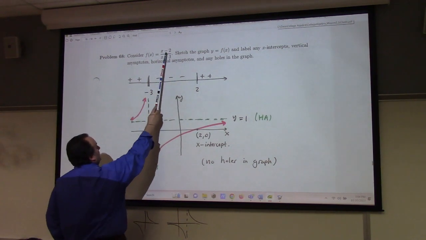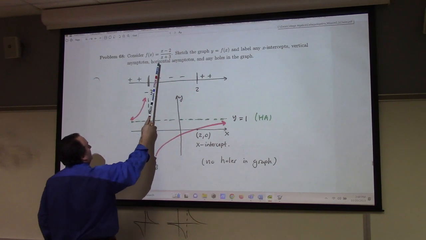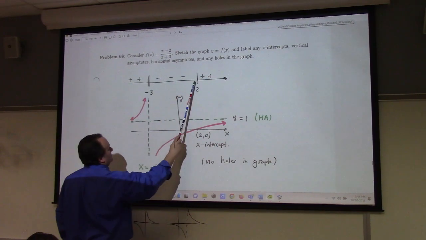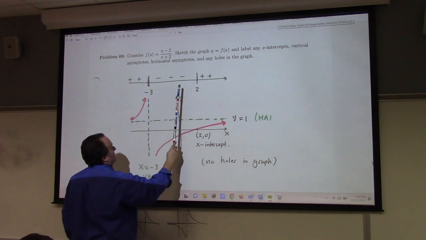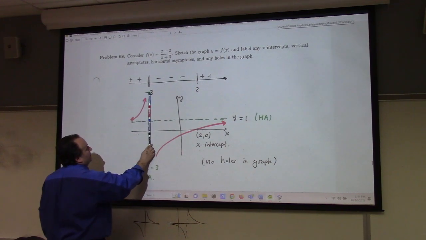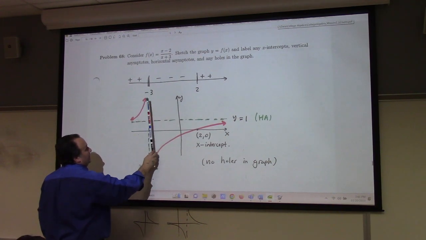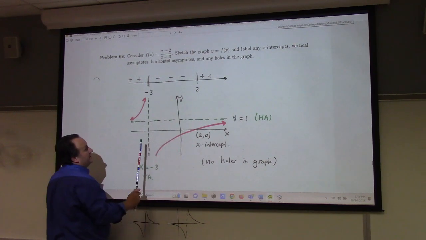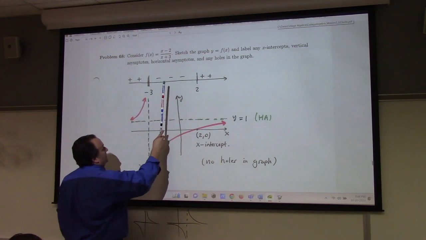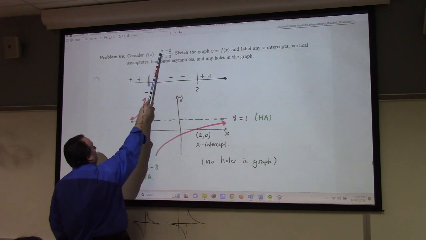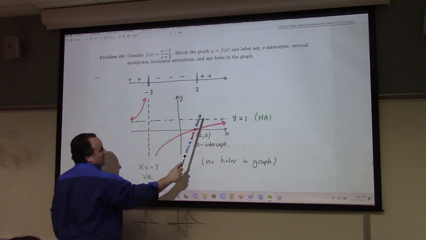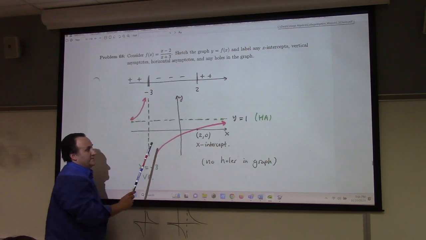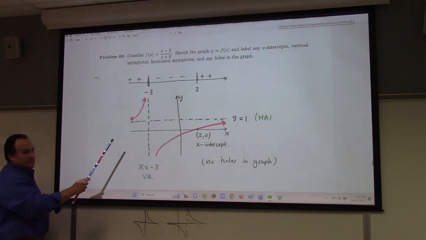So the critical number is 2. The other critical number is minus 3. I make my sign chart, and then I graph. I've got a vertical asymptote with the factor in the denominator, and an x-intercept with the factor in the numerator. The slightly tricky thing is that the ratio of the leading coefficients here is 1 over 1, which is y equals 1, my horizontal asymptote. And then I graph.